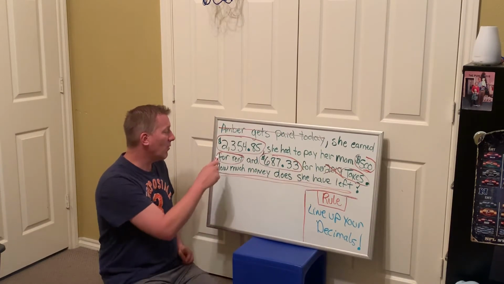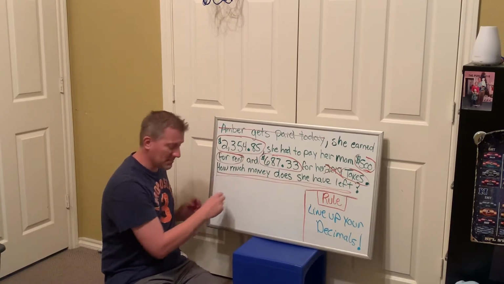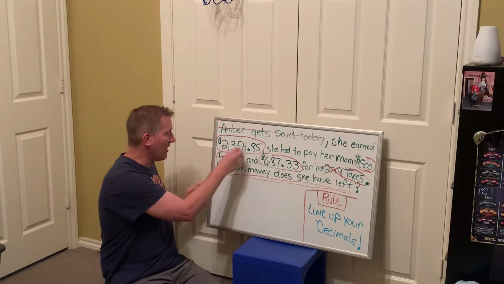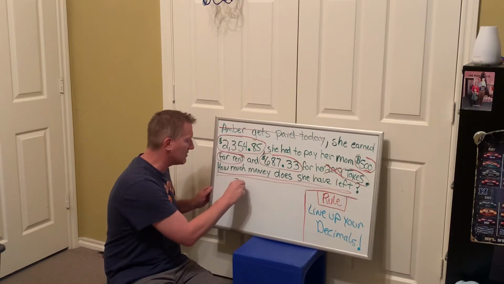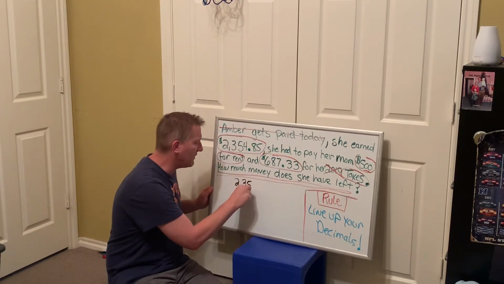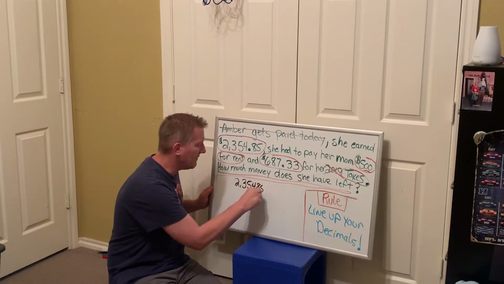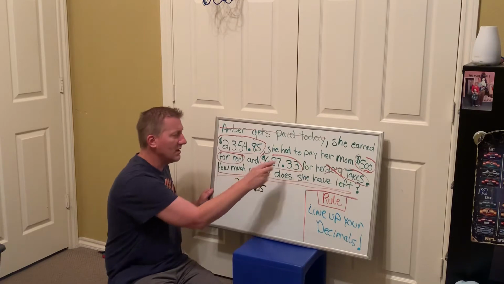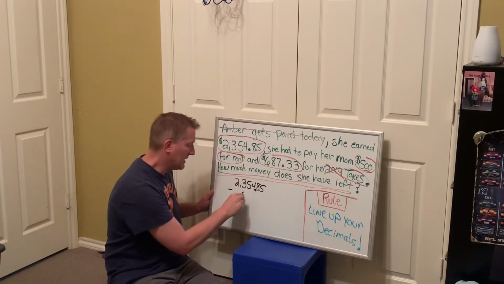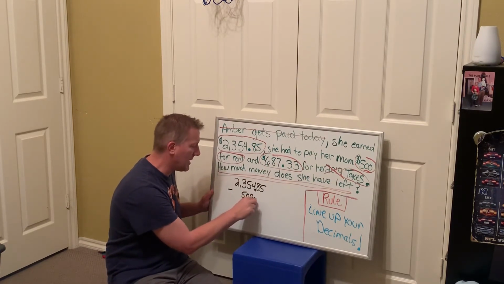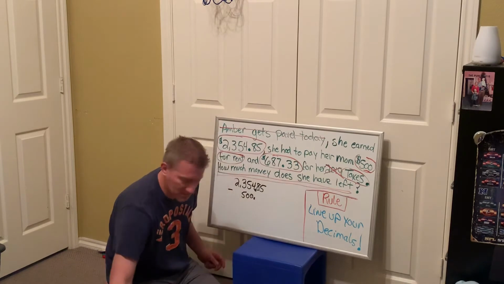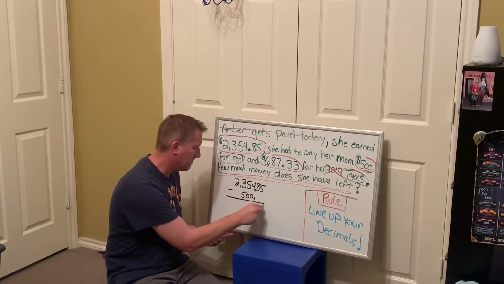Okay, so what I'm going to do first is I'm going to start off, let me get a different marker here. I'm going to start off with the amount she had, $2,354.85. And first I'm going to subtract out the $500 because she has to pay that to her mom.